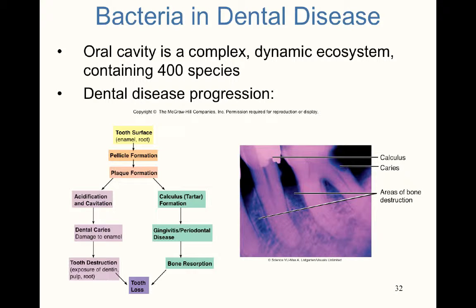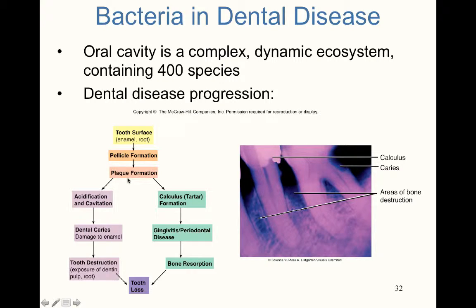And then lastly, the group of bacteria that are associated with the oral cavity and the formation of dental cavities and periodontal disease. So everyone's ecosystem, as far as the microbes that live within your mouth, are more highly diverse than even your gut. So it's a very complex, dynamic environment, and essentially there are bacteria that thrive within the oral cavity that can lay the groundwork for the formation of what's called a pellicle, which then will lead to the formation of a biofilm, which we call by the common name plaque.